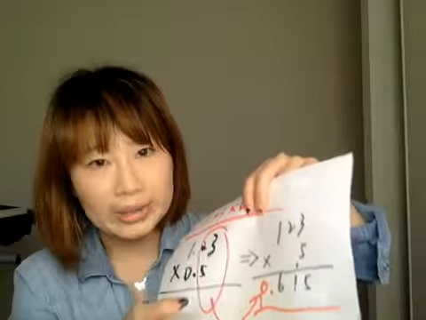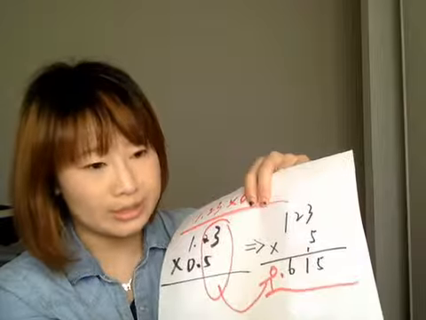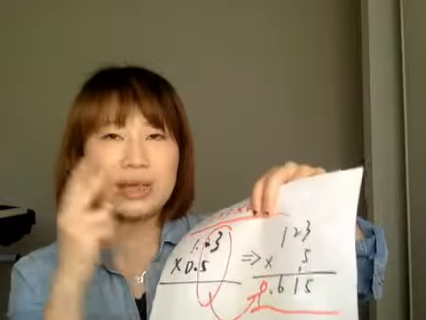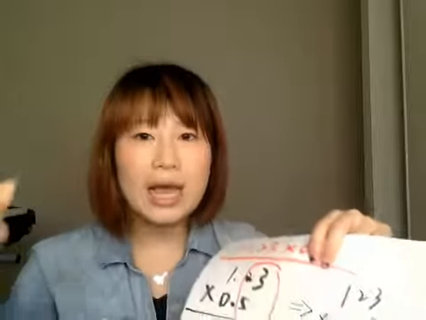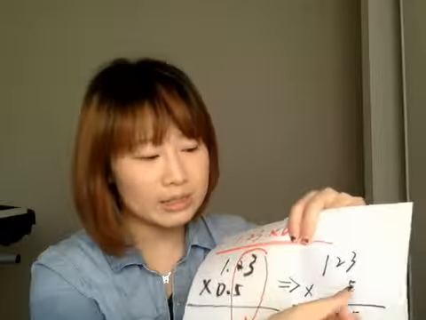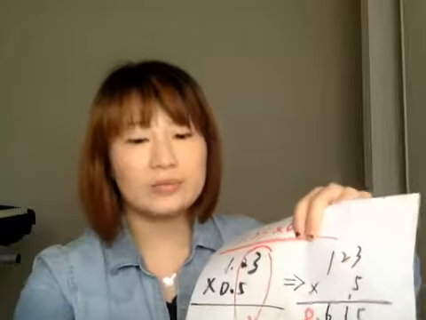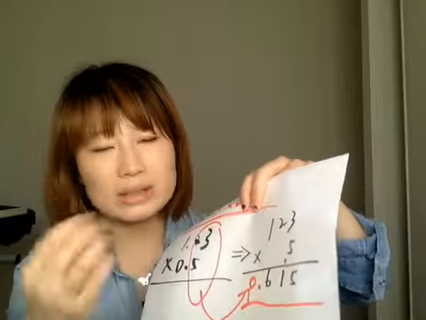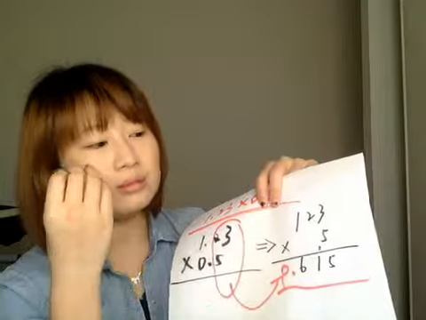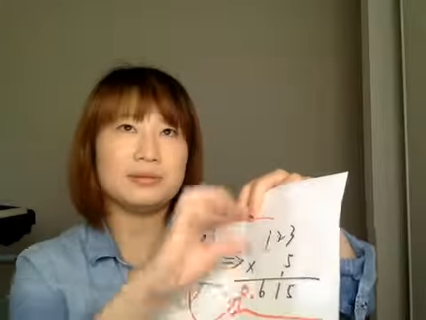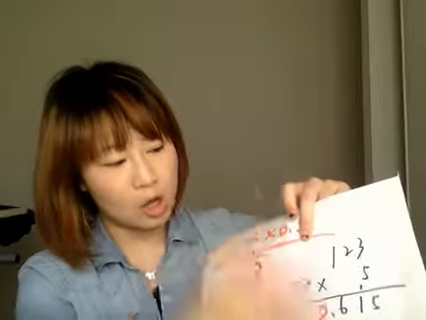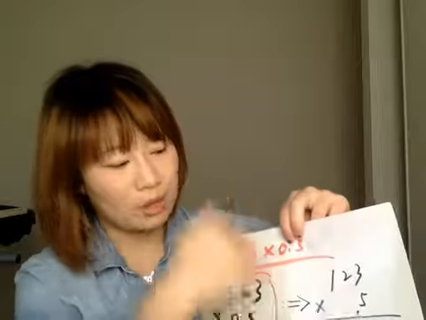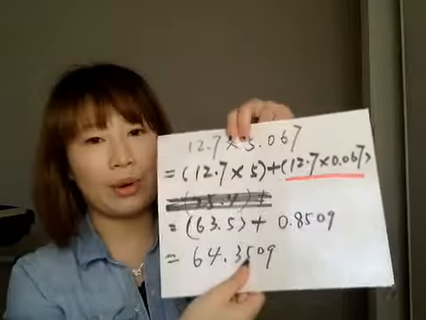That means we need to correct to the third decimal place. So the first process is amplifying 1,000 times, and the second process is zooming out 1,000 times. That process makes the whole decimal calculation easier for us.